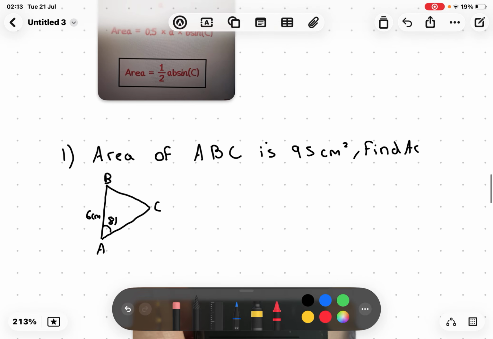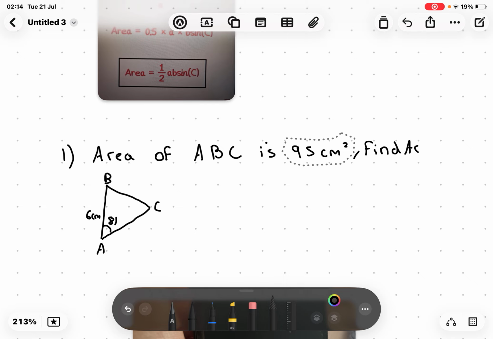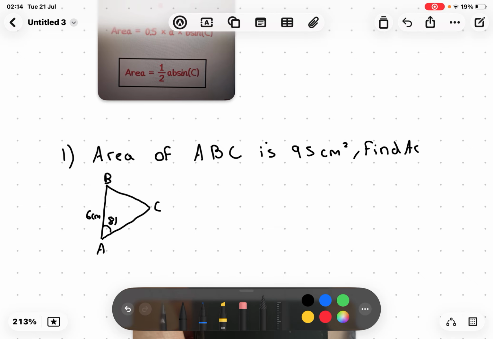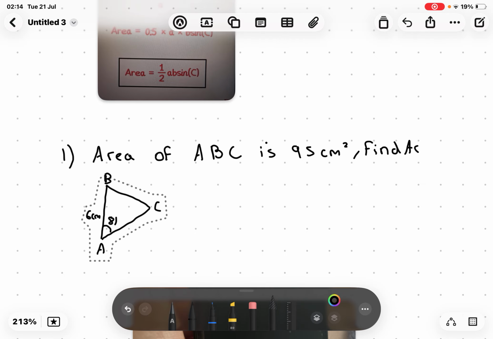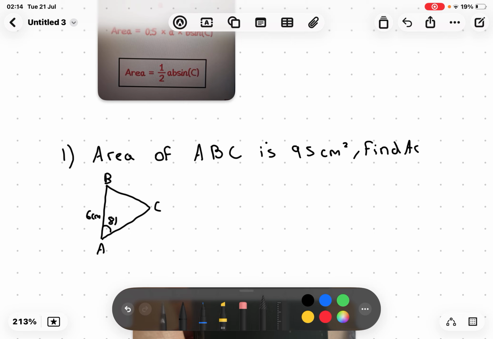So now let's say the area of ABC is 95, the actual area. Find AC. So we know that ABC, this whole thing, is 95. We need to find this length, AC, so we can just put it as X. And so we know 95 equals the actual area, right?